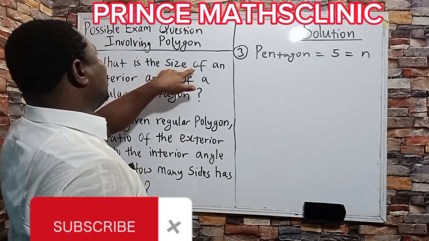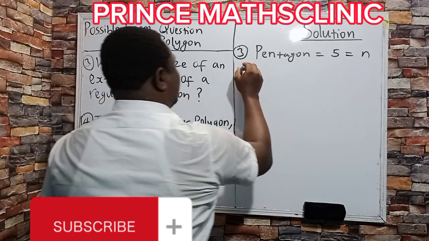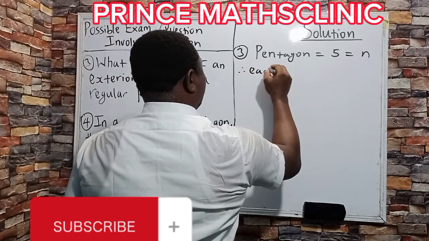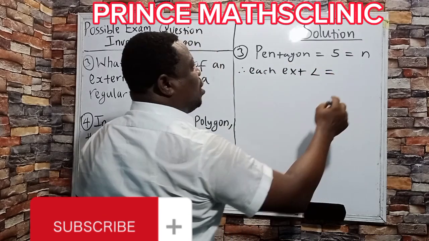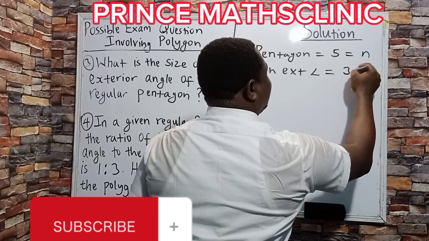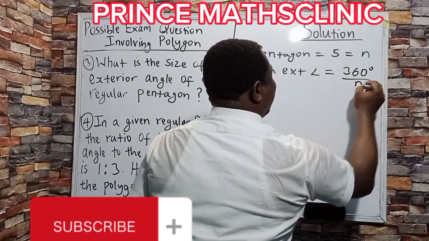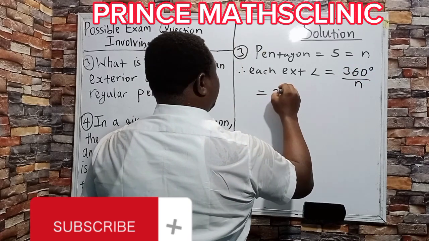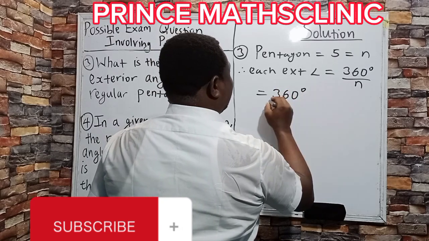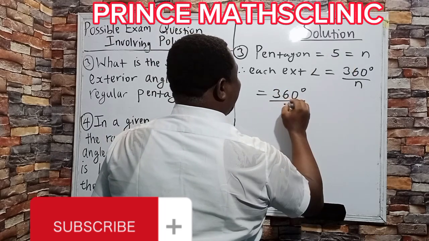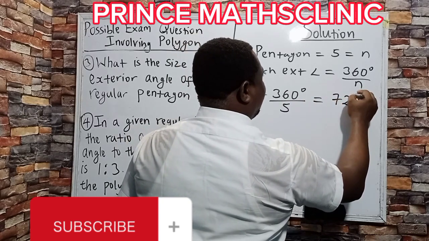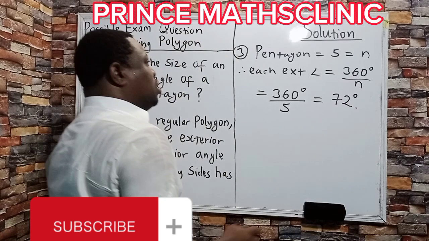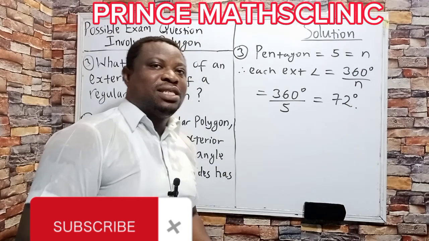Therefore, each exterior angle will be calculated by saying 360 degrees divided by n. And if we divide 360 by 5, we will get that one of the sides is what? 72 degrees. That is the solution.